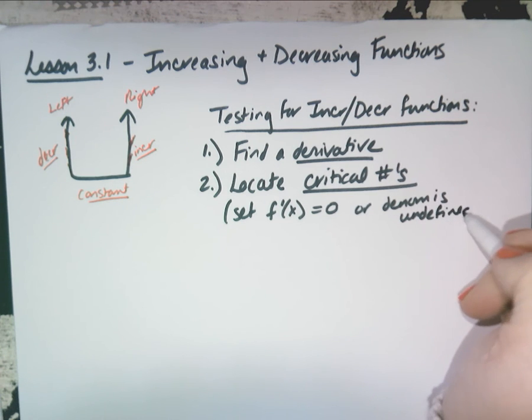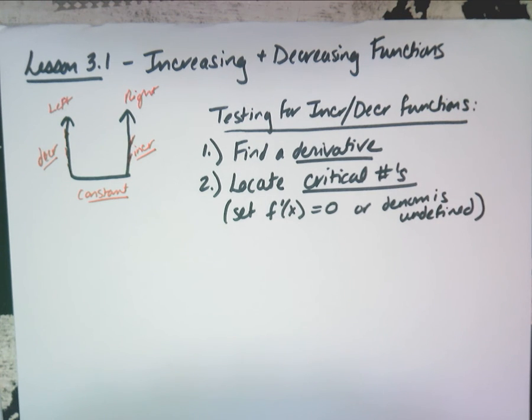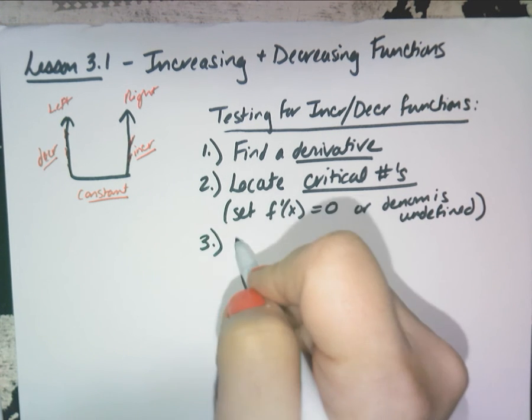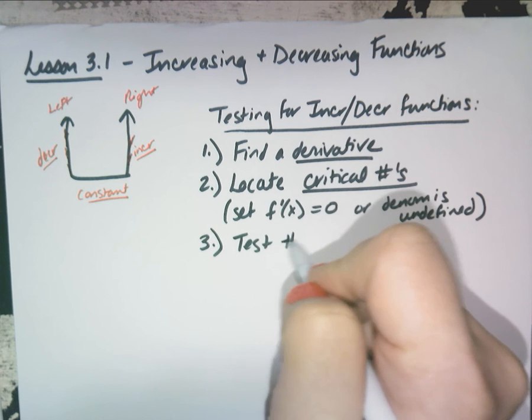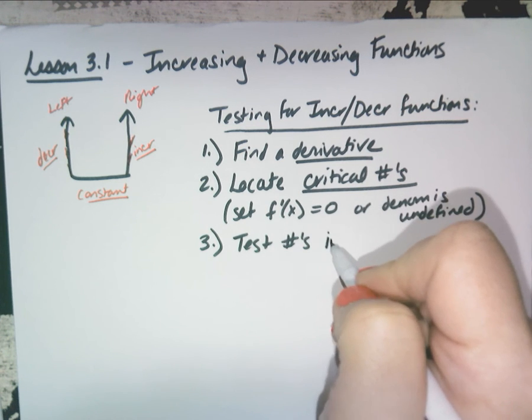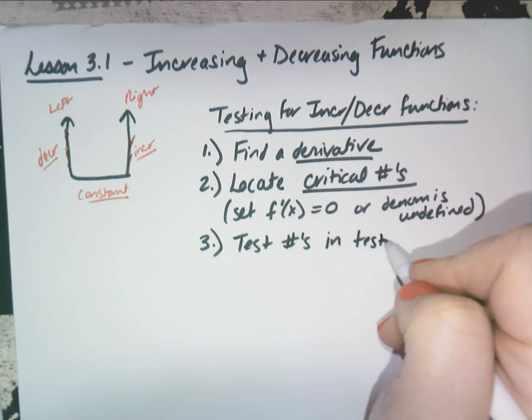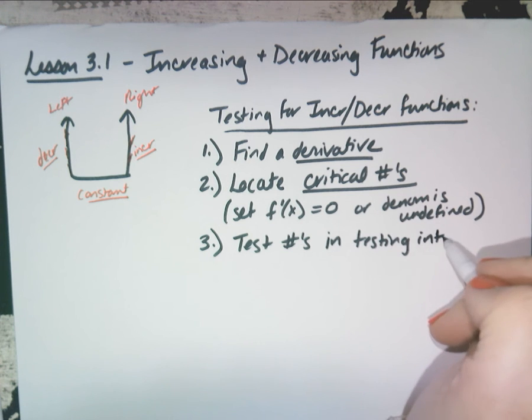Those are called critical numbers. That's the point where it'll change from increasing to decreasing or decreasing to increasing, or it might not change at all. Step number 3, you are going to test numbers in a testing interval, which I'll explain in a minute.